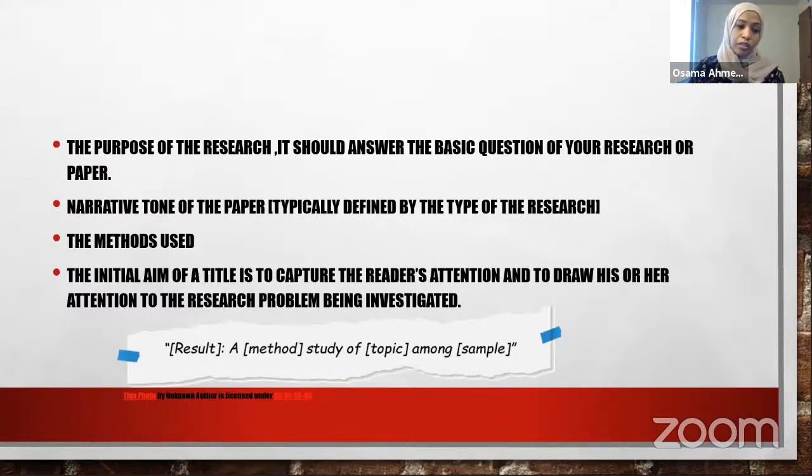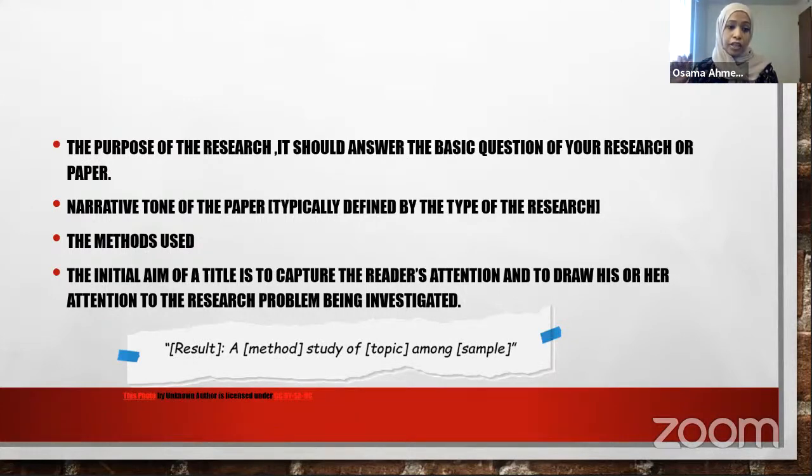We need to look into the purpose of the research itself. The title needs to capture the purpose of the research and answer the basic question of your research or your paper. And it needs to capture the narrative tone of your paper, and this is typically defined by the type of research that you're doing. And in the title, we need also to include the methods that you're using.